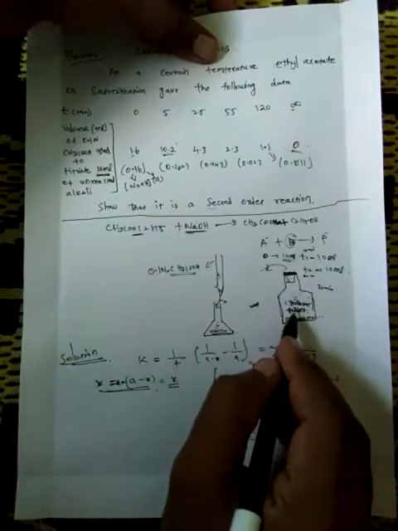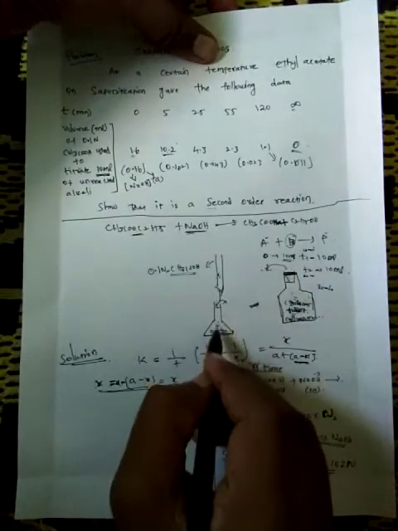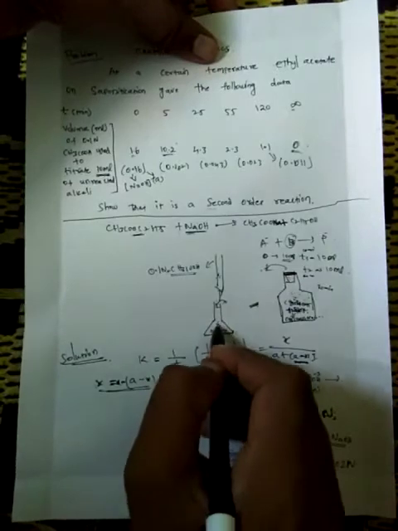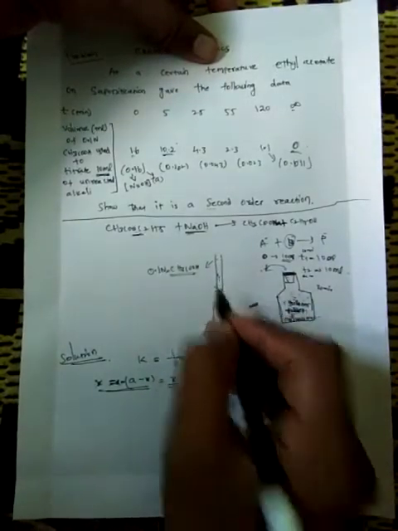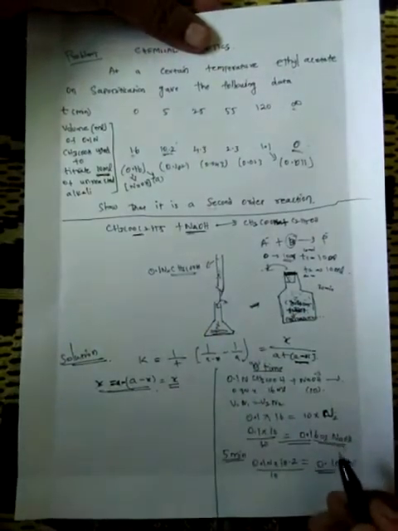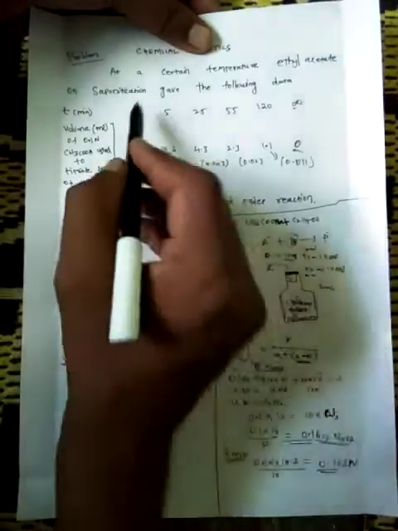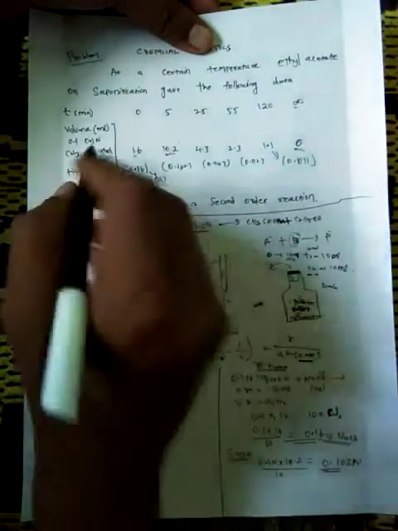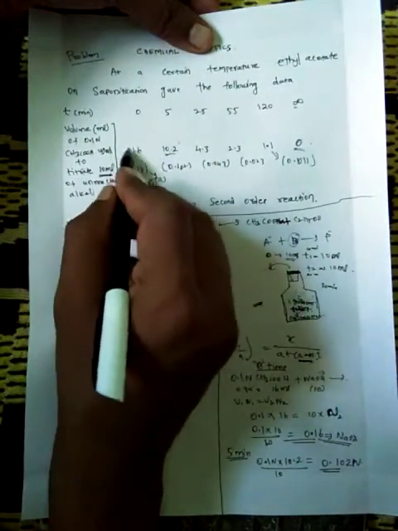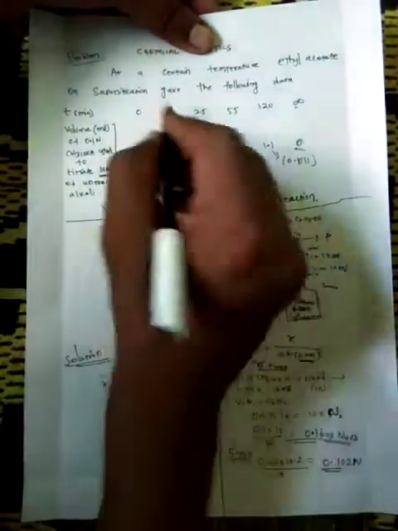I added ice and indicator, and reacted it with 0.1 N acetic acid taken in the burette. At zero time, I found the volume of acetic acid required is 16 ml.